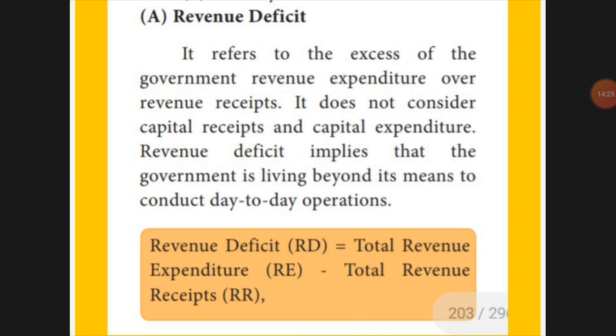The formula is revenue deficit, RD, equals total revenue expenditure minus total revenue receipt, where receipt is income. When revenue expenditure minus revenue receipt is not zero, that is called a revenue deficit. In day-to-day activity, the government is spending more.